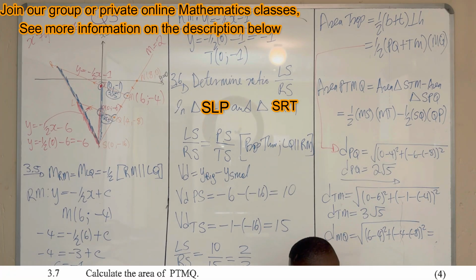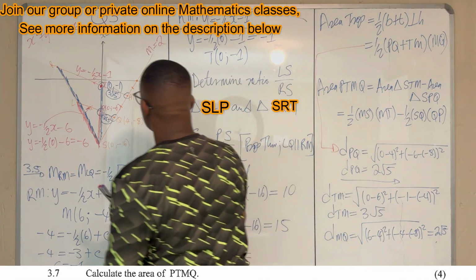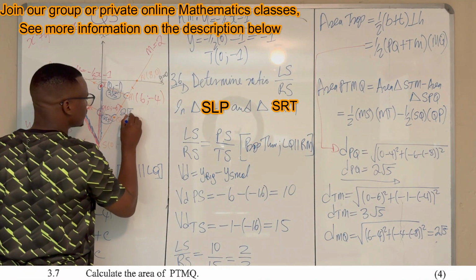Let's find the answer to that. This is 2 root 5. So this length over here is 2 root 5.